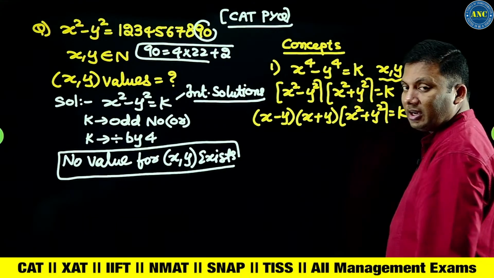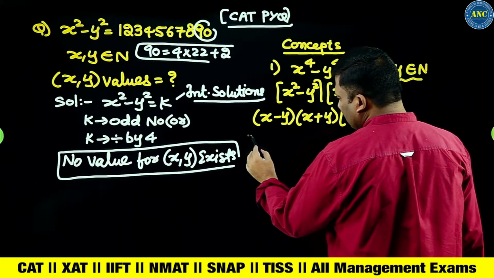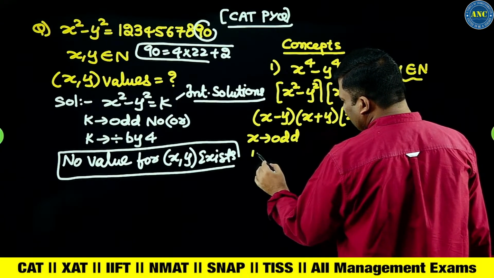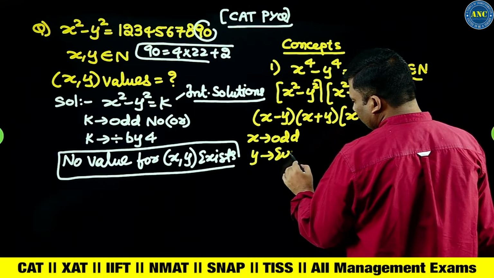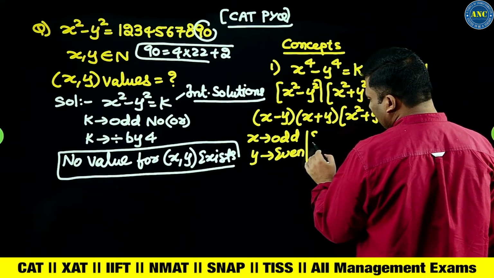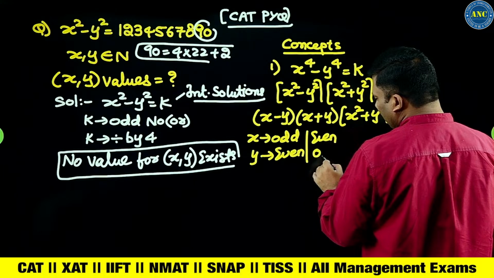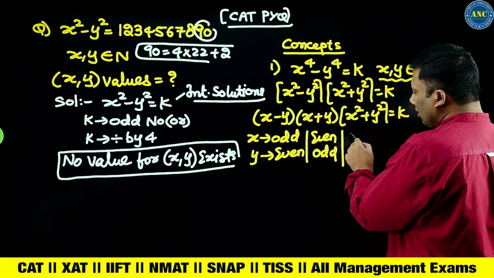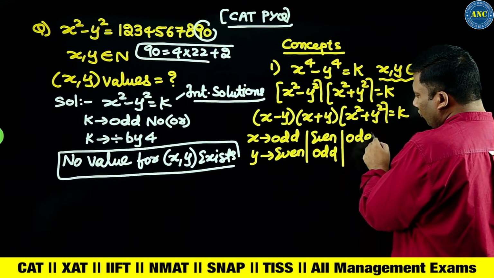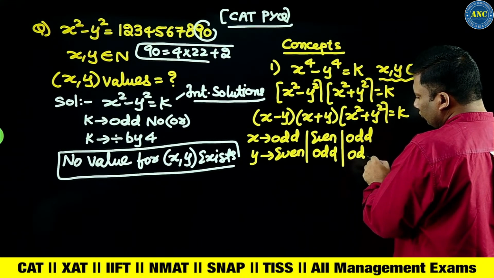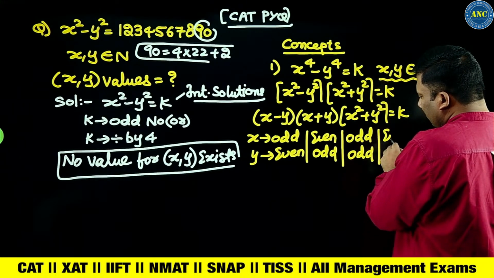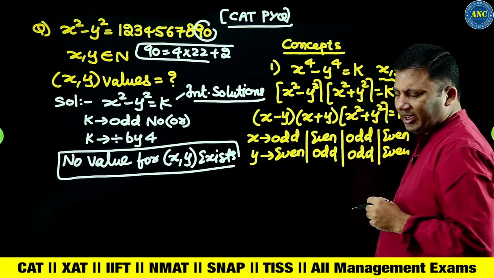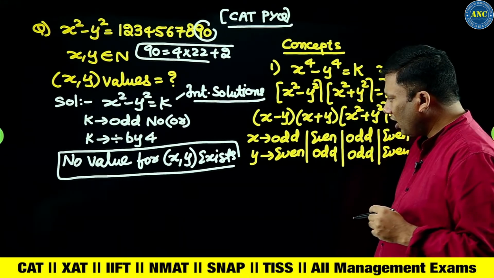X and y are natural numbers, with the same cases: x odd and y even, x even and y odd, x odd and y odd, x even and y even. Same as x square minus y square, odd and even.